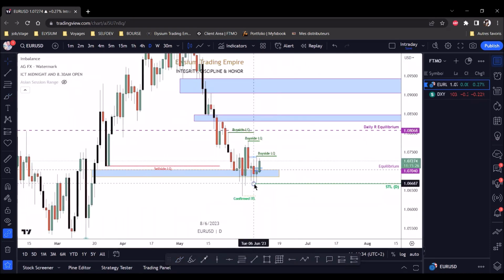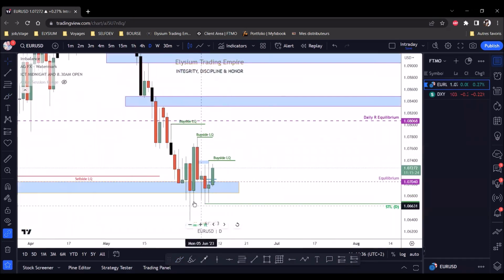And this is what I did. I waited for a swing low. Of course you have to wait on the daily, but the price can be very messy, so it's okay.